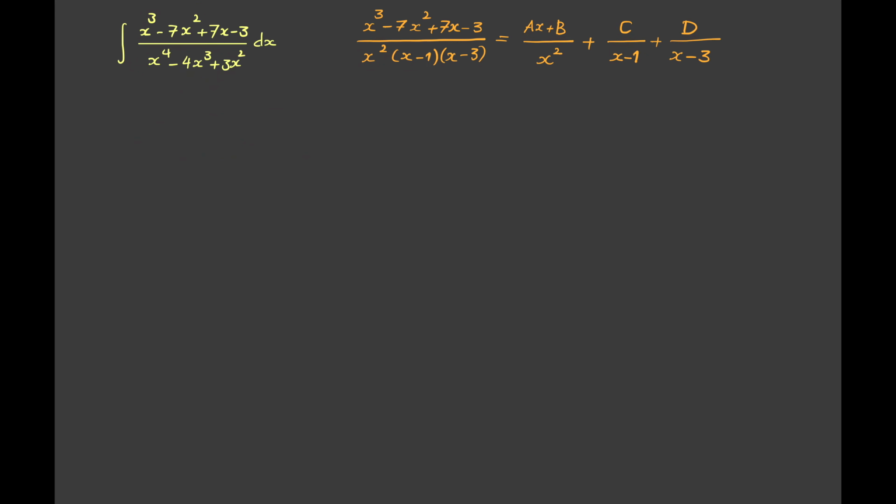To do that, I multiply both sides by the denominator here. Yes? So I multiply everything by the denominator of this fraction. Of course, when I do that to the left hand side, the one that I multiply totally cancels this one, and what is left for me is just the numerator, which is x to the power of 3 minus 7x squared plus 7x minus 3.